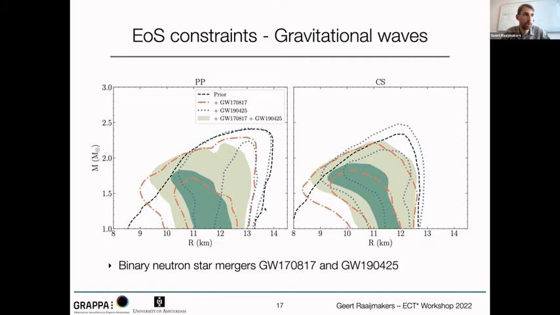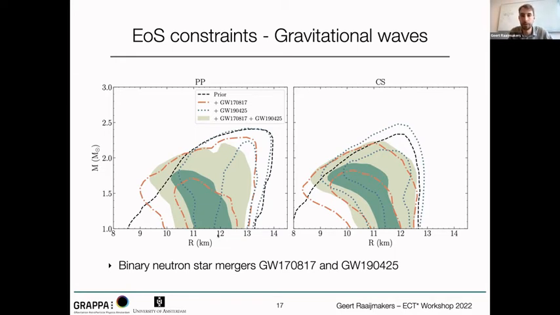Then in blue here, I'm showing the results that we get for 190425, and it may seem like this is actually giving us a lot of constraints, but 190425 was also a very massive system. So because we haven't assumed anything about the neutron star mass here, just by having a very massive system, you're going to cut down on this prior region as well.